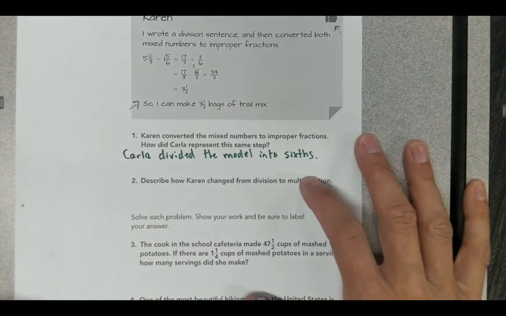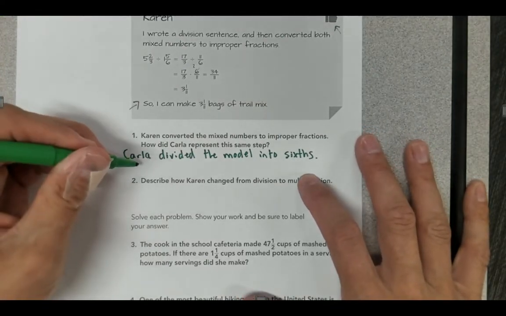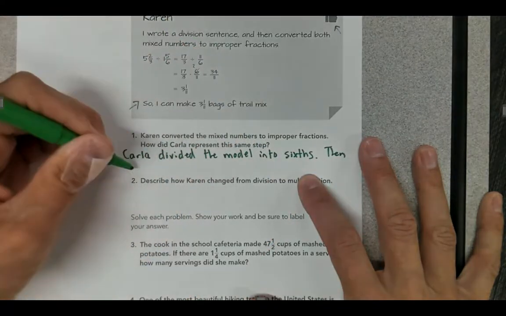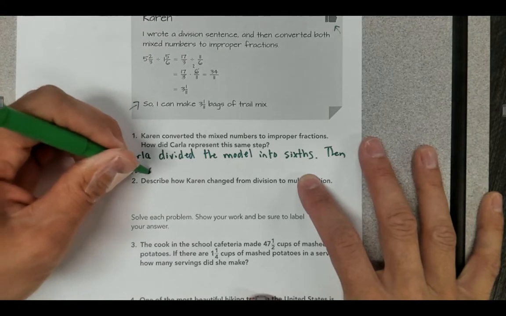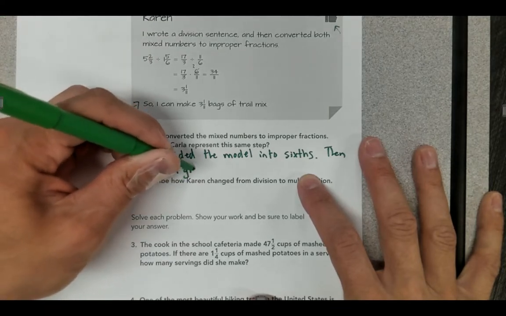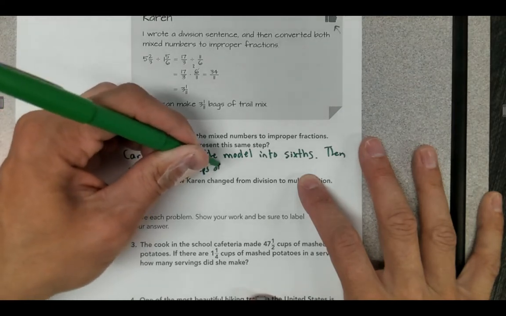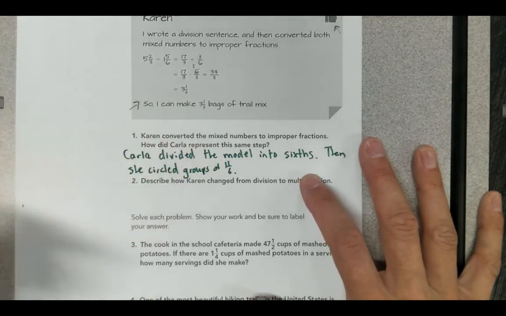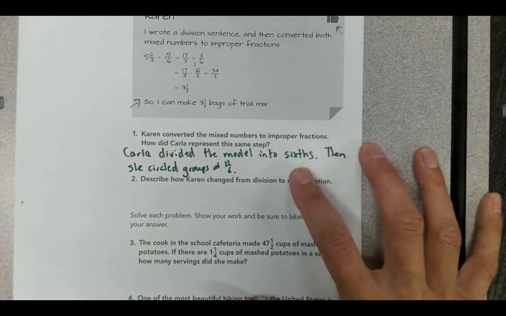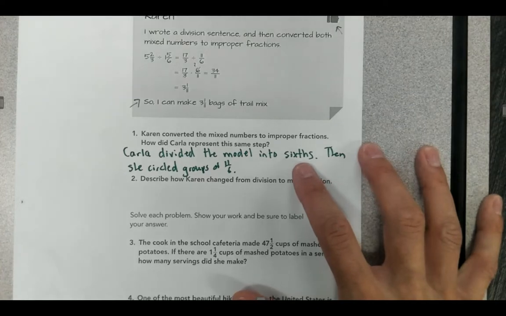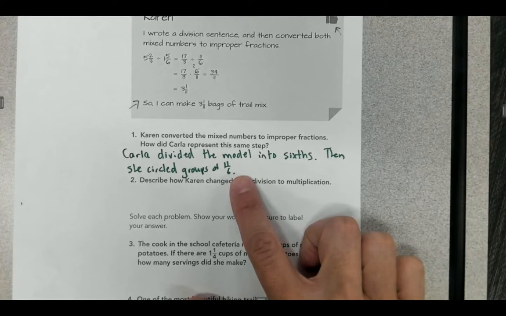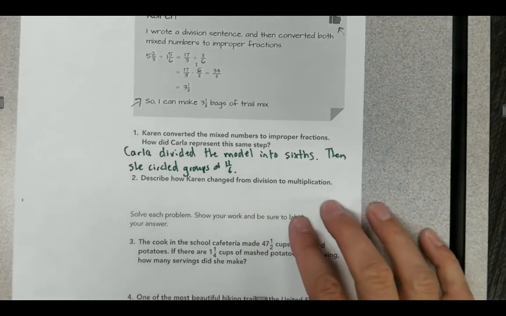Okay, and then she circled groups of 11/6. Okay, so when she divided it into sixths, she basically got 34/6 for 5 2/3, and then she got 11/6 when she did her groups. Okay.